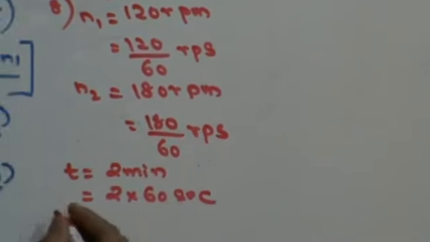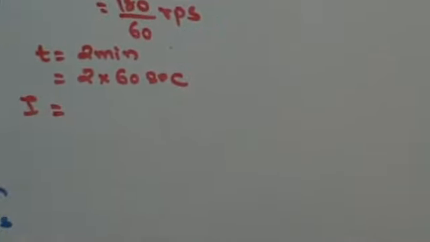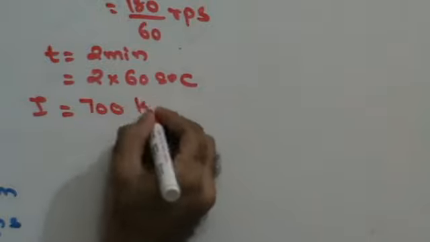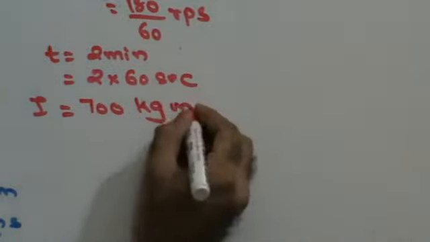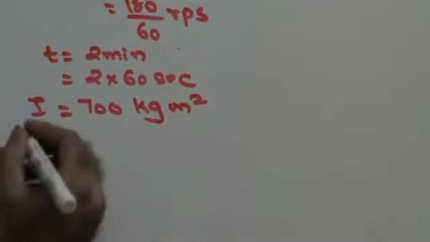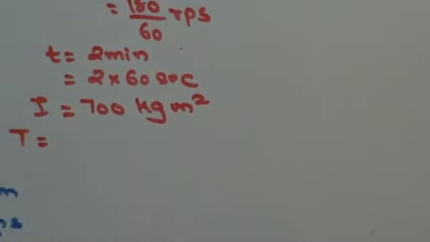If the moment of inertia of the body is 700 kg meter square, find the torque acting on the body.